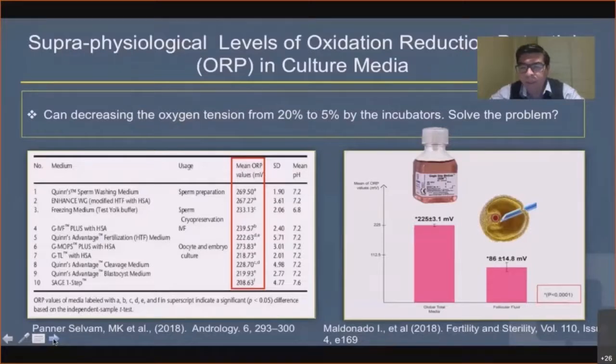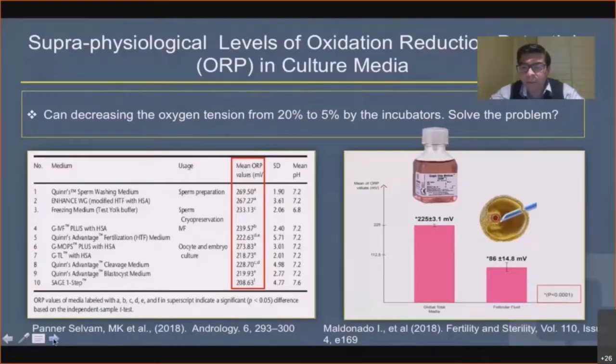If you look at the image located at the right side of the slide, you will see that when we measure the physiological levels of ORP normally present in follicular fluid from oocyte donors, these physiological levels can be set in the culture media by the addition of several antioxidants every 12 hours during the whole culture period from zygote until blastocyst stage, improving significantly the in vitro embryo development in different types of patients.